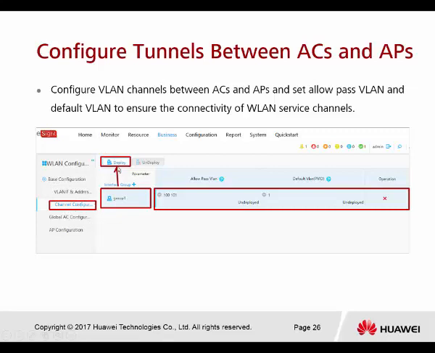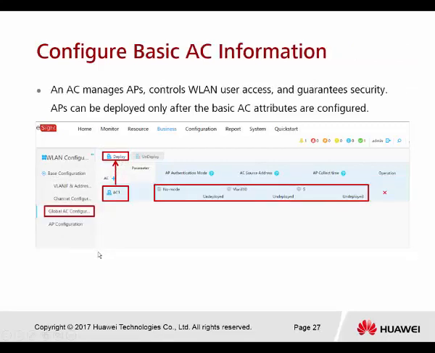Just click on deploy. The AC manages the AP, controls WLAN user access and guarantees security. The AP can be deployed only after the basic AC attributes are configured, so we have to configure and make sure the ACs go online.